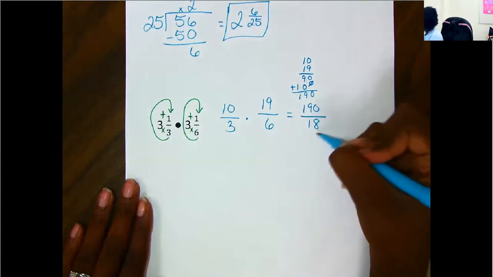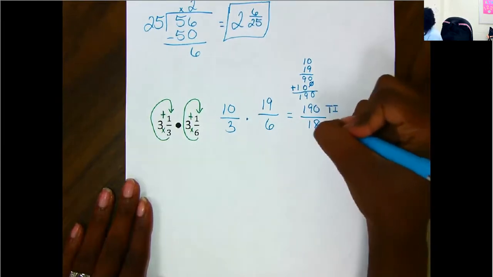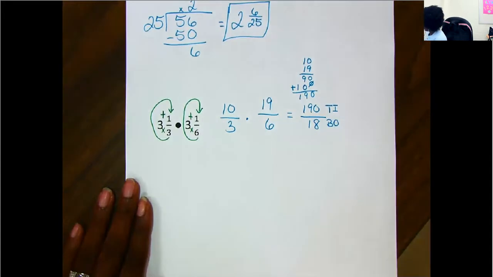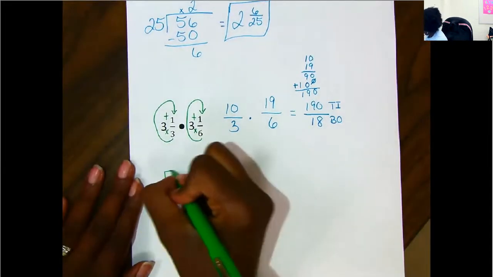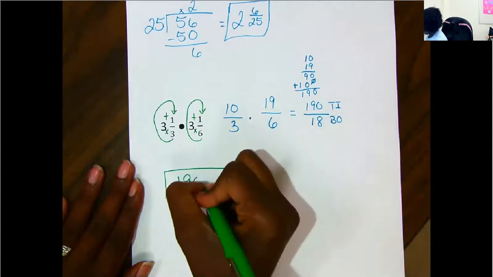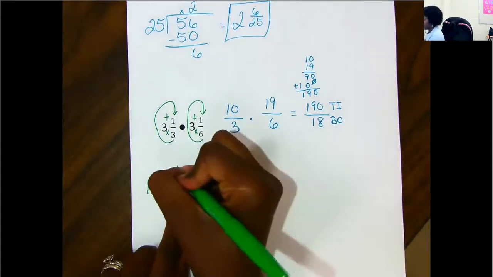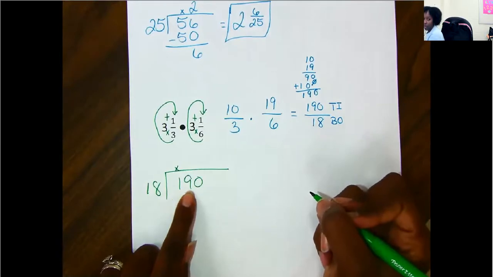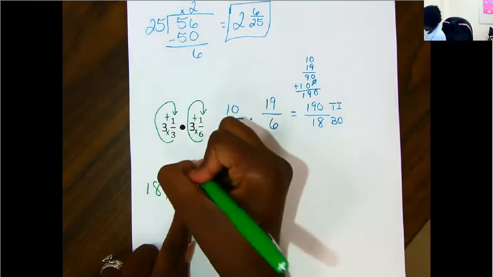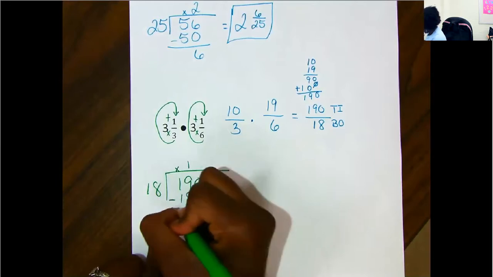It is improper. I need to use Taibou to change it to an answer. Top in, bottom out. All right, 18 will not go into 1. It will go into 19 one time with 1 left over.